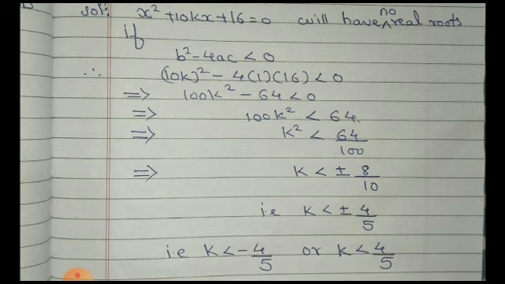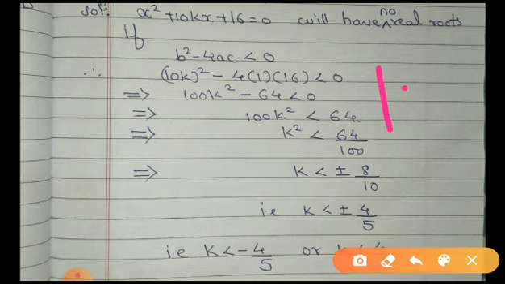Okay, now I have to think for your k less than 4 by 5. Now k less than 4 by 5, that means minus 1 is also less than 4 by 5, minus 100 is less than 4 by 5. Okay, so all those values also will be included here. But in the question, it is given that your k should be positive. If k is positive, that means values of k should always be greater than 0.